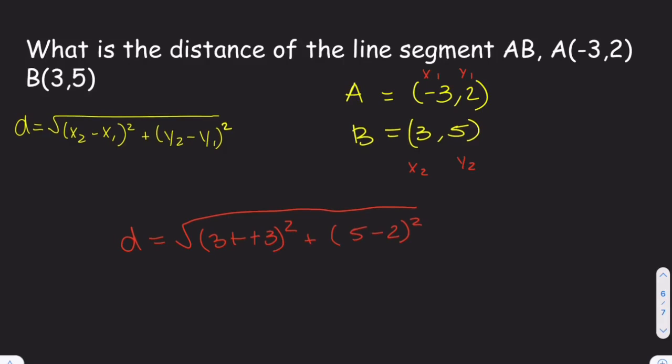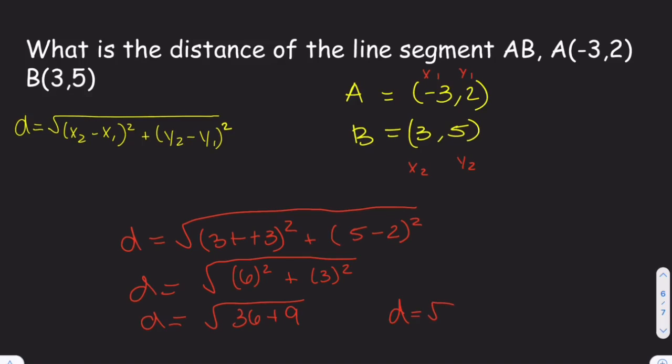These two negate, so you would get a positive. 3 plus 3 is 6. 6 squared plus 3 squared. Equals D. 36 plus 9 equals D. And now you have 45. D equals the square root of 45.